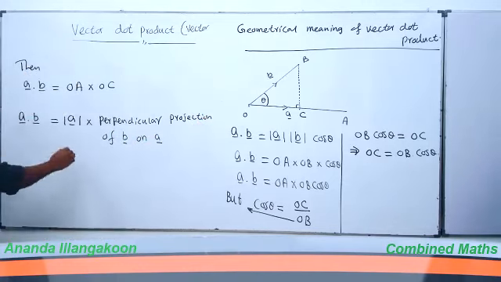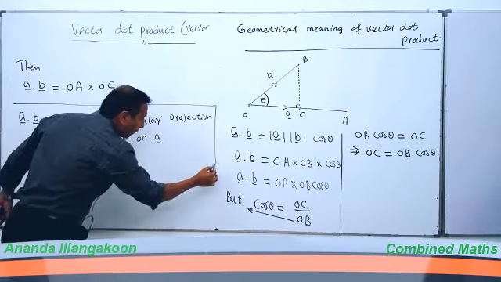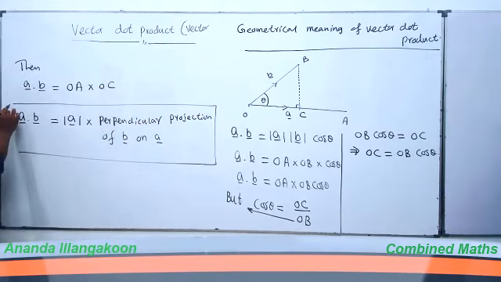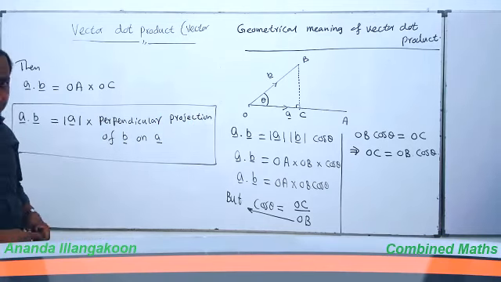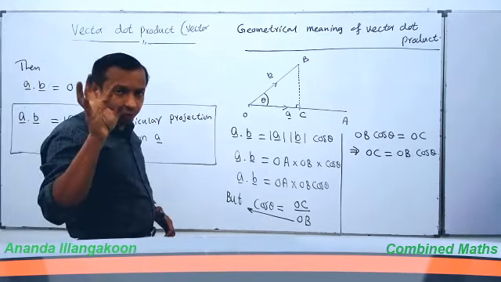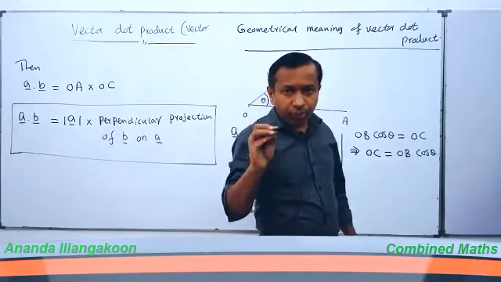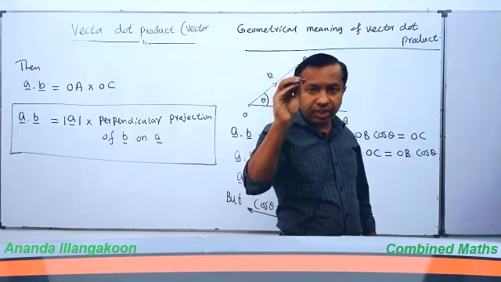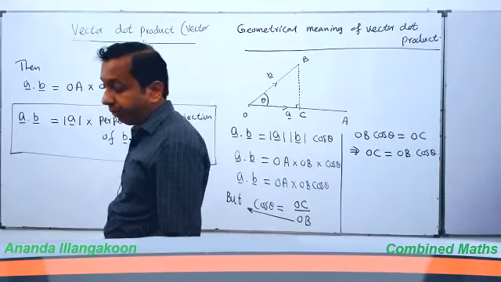This is how we understand geometrically the meaning of A dot B. A dot B is modulus of A multiplied by the perpendicular projection of B vector on A vector. Understand? Right. Okay.